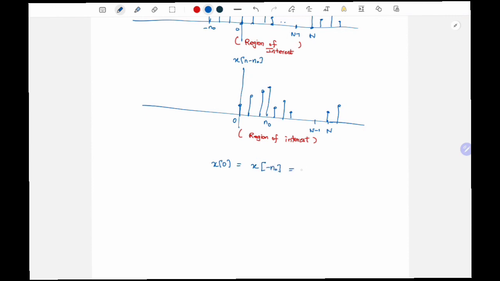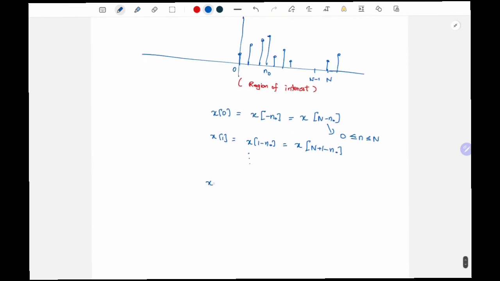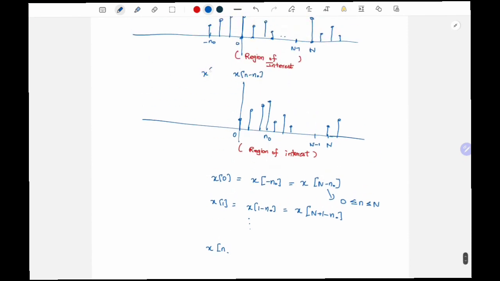But since x[n] is periodic, it is also the same as x[N minus n naught], because N minus n naught will fall inside 0 less than or equal to n less than N, given that n naught is less than N. Similarly, my x[1] will be x[1 minus n naught], which is nothing but x[N plus 1 minus n naught], and so on.